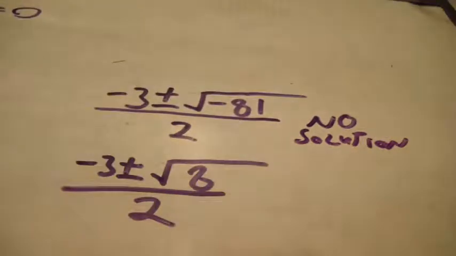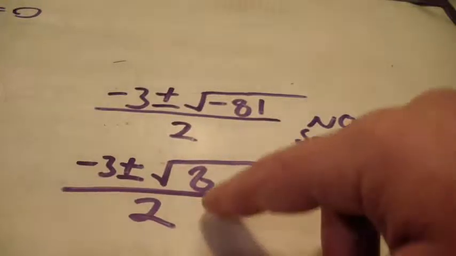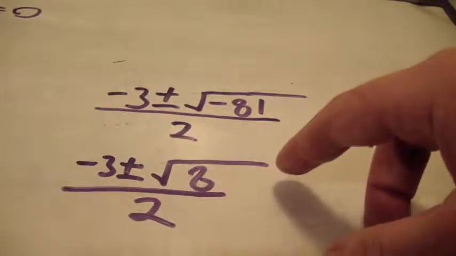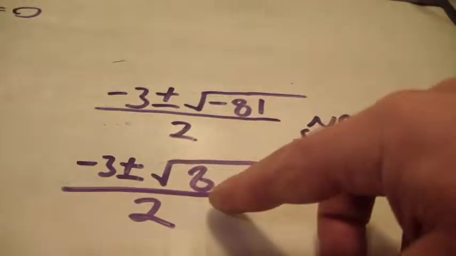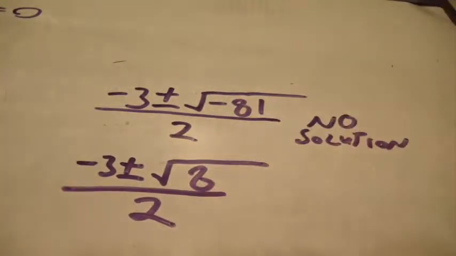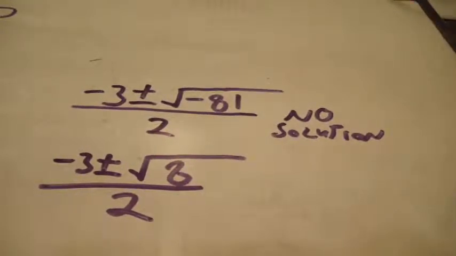But in this case, you have a solution, but there's no way to actually get rid of this fraction, because you can't get an exact square root of 8. It's going to be what they call an irrational number, right?